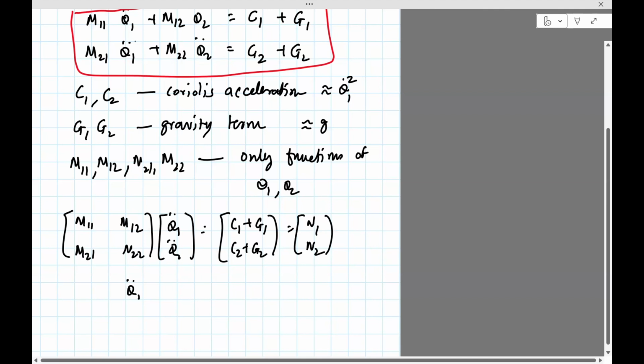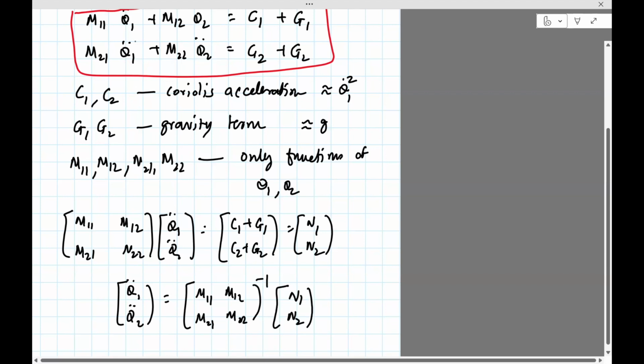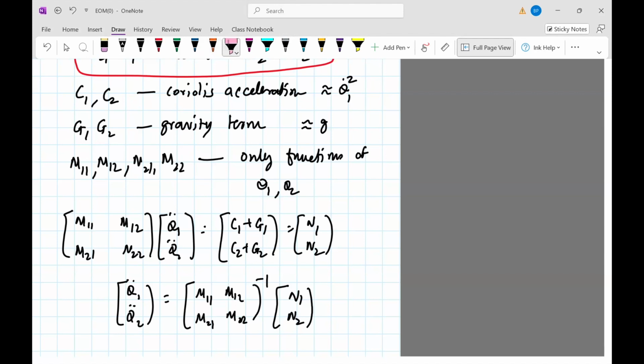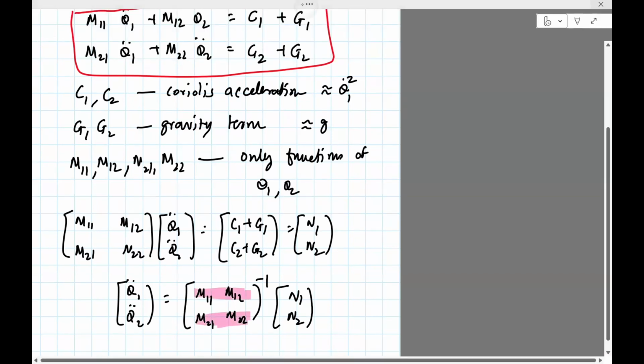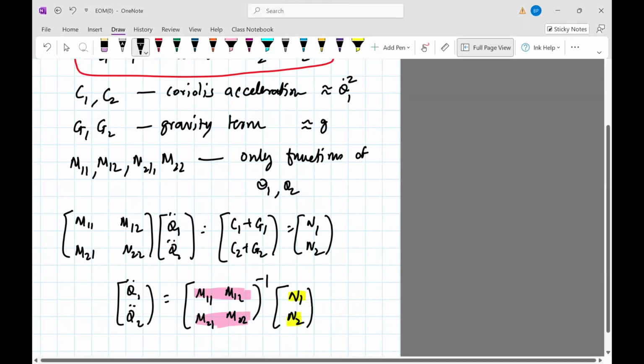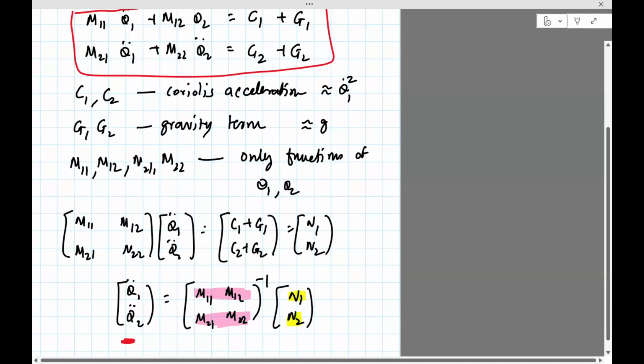So theta1 double dot, theta2 double dot equals this matrix inverse N1, N2. So as long as you can compute these terms and this term, you can compute this part. And once you have the acceleration, you can just do integration, right?